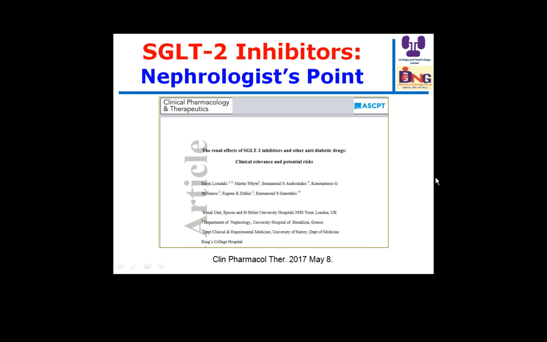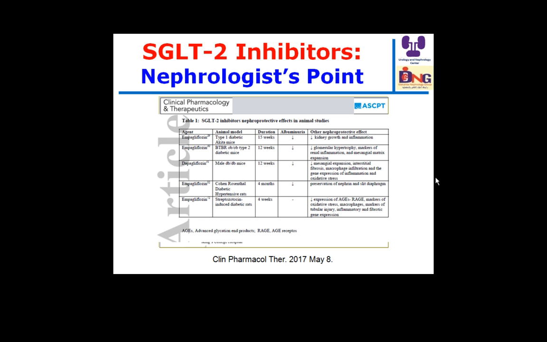And here is another study. From the nephrologist point of view, this is experimental work in animal models, using sodium glucose cotransporter 2 inhibitors, either EMPA or DAPA.